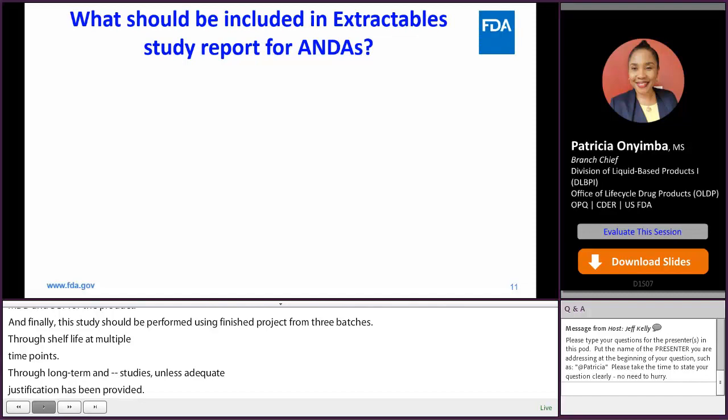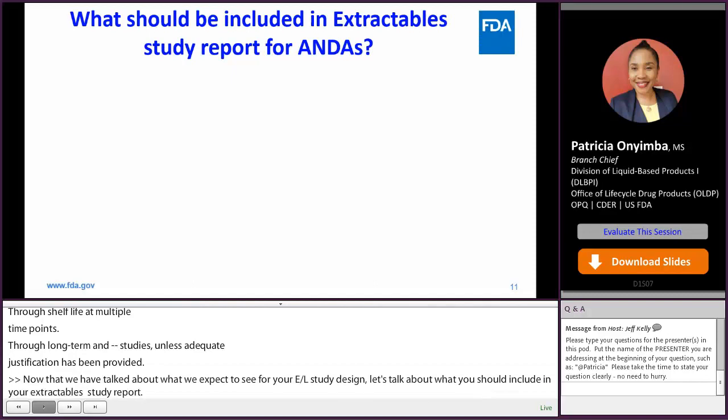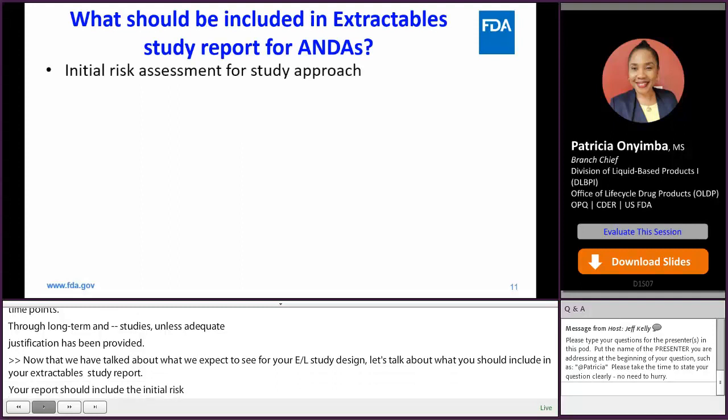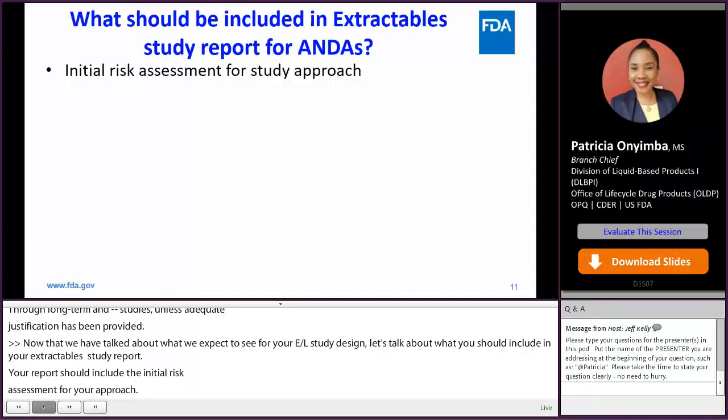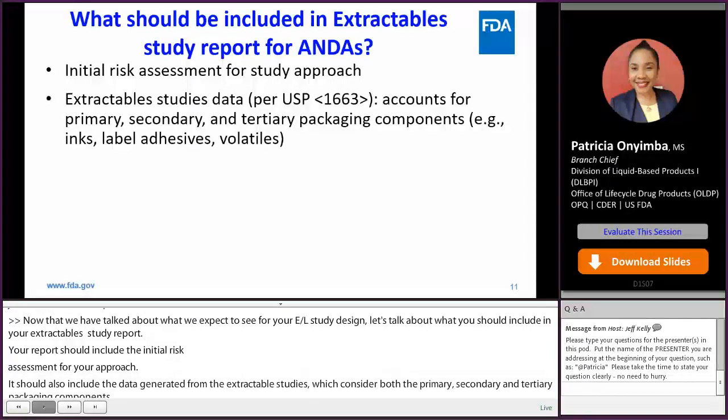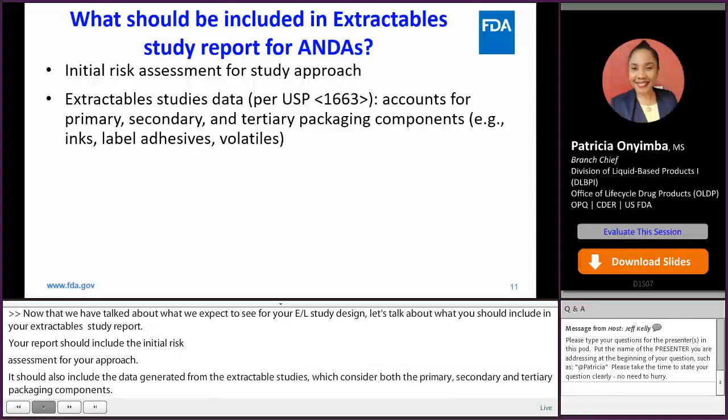Now that we've talked about what we expect to see for your EL study design, let's talk about what you should include in your extractables study report. Your report should include the initial risk assessment for your approach. It should also include the data generated from your extractable studies, which consider the primary, secondary, and tertiary packaging components.